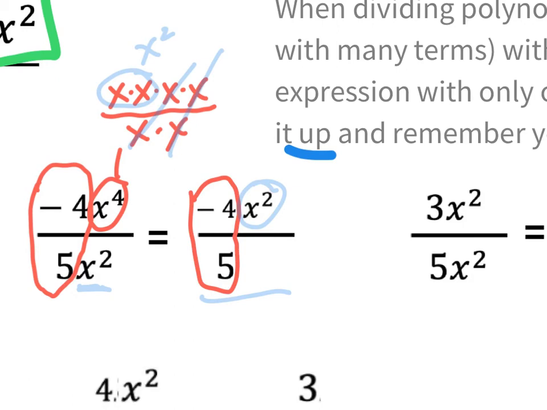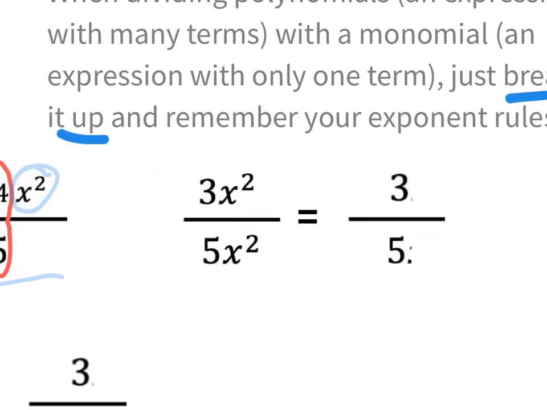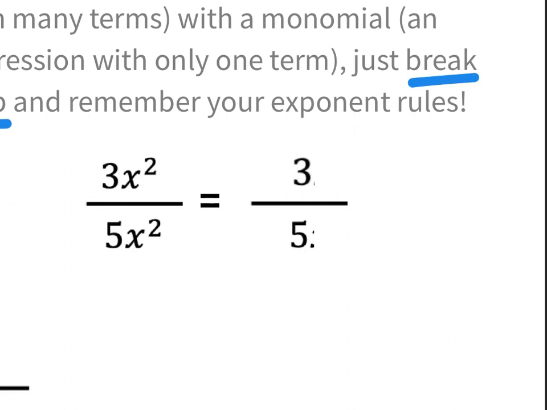But let's move on to our last term. We have 3x squared divided by 5x squared. All right. So first things first, deal with the regular numbers, right? I have 3 divided by 5. I know that this is in simplest form.